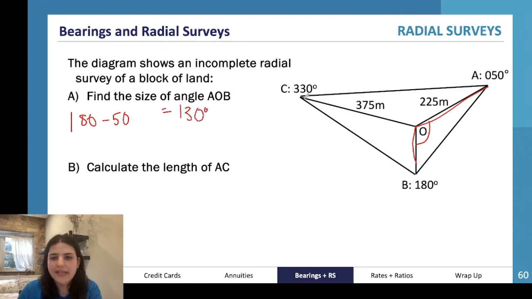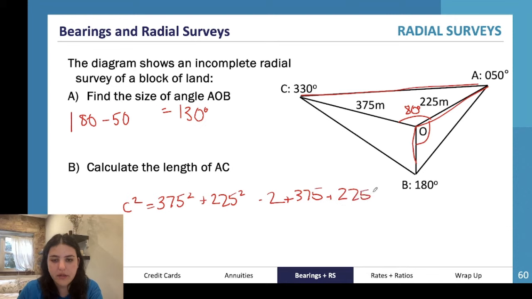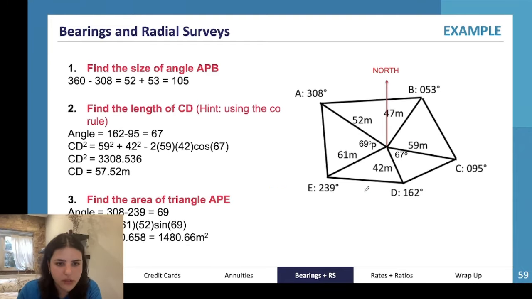Calculate the length of AC. Again, we have our two internal sides and our internal angle is going to be 30 plus 50, so that's going to be 80 degrees in there. And it's again the cosine rule. So C squared is going to be 375 squared plus 225 squared minus 2 times 375 times 225, wait, a squared plus b squared minus 2ab, now I'm forgetting my rule, hold on.